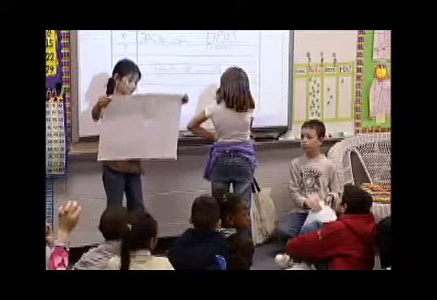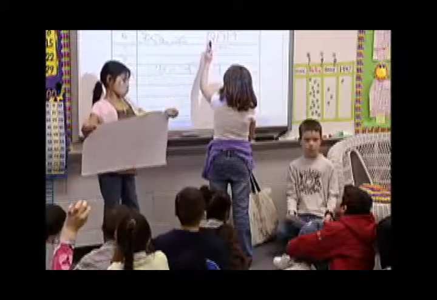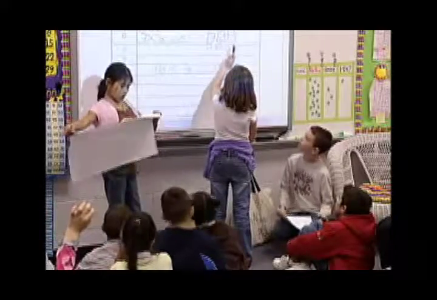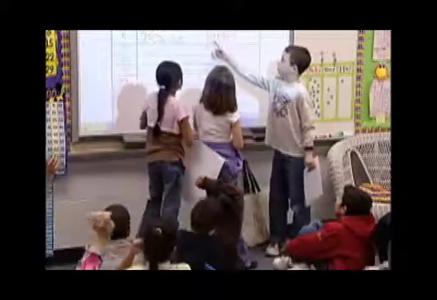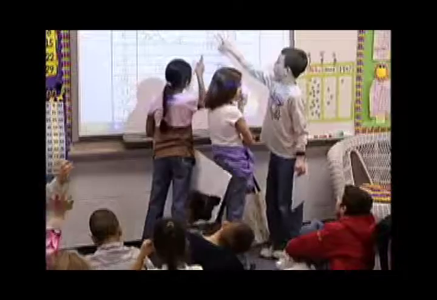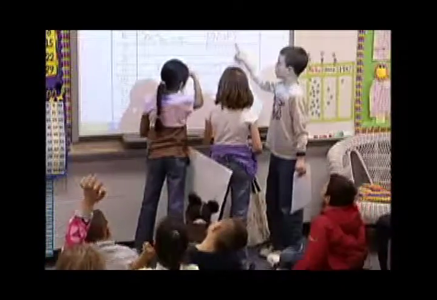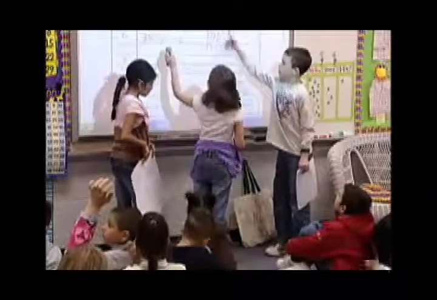Watch what she's thinking. How many rows do you want to have, Madeline? 1, 2, 3. But how many columns do you need? 3 rows. And how many columns? 3, 6. Oh, I see. Okay, you can fix it.